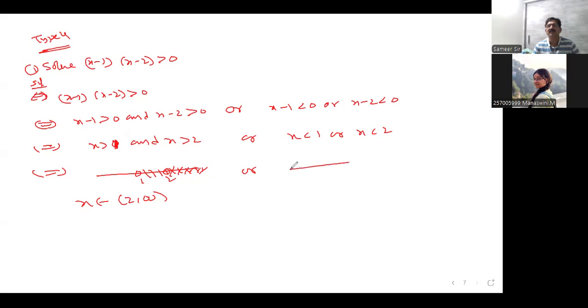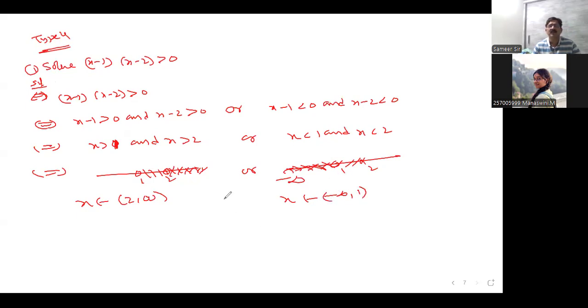Whereas here, 1 is there, 2 is there. This is less than 2, but less than 1. So see, this is not "or", it is "and". All are "and", only the middle is "or". So x belongs to minus infinity to 1 only.